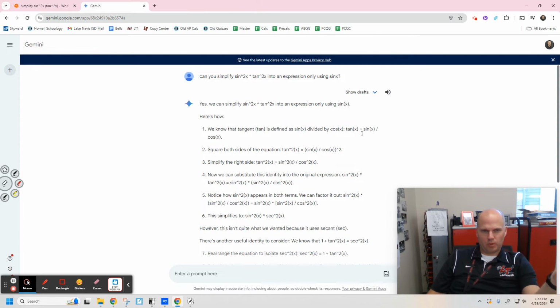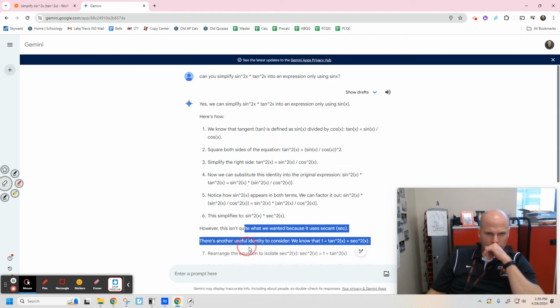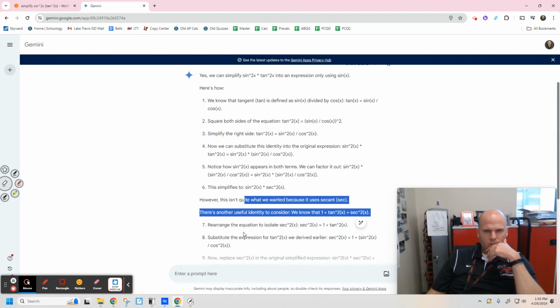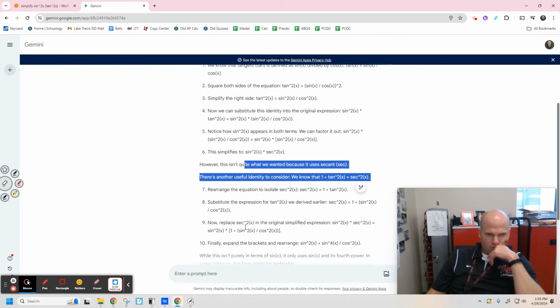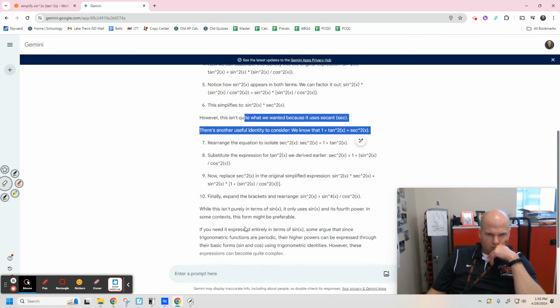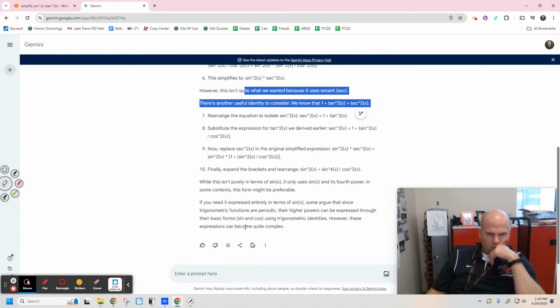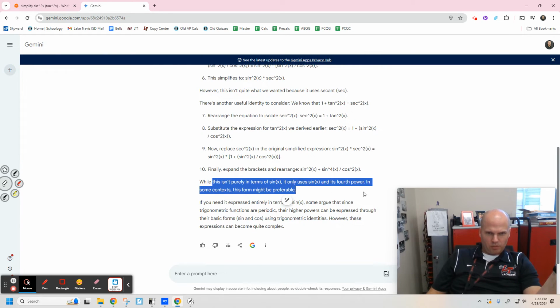You're not supposed to square both sides of the equation. Well, I guess you can for an identity. This isn't purely in terms of sine.